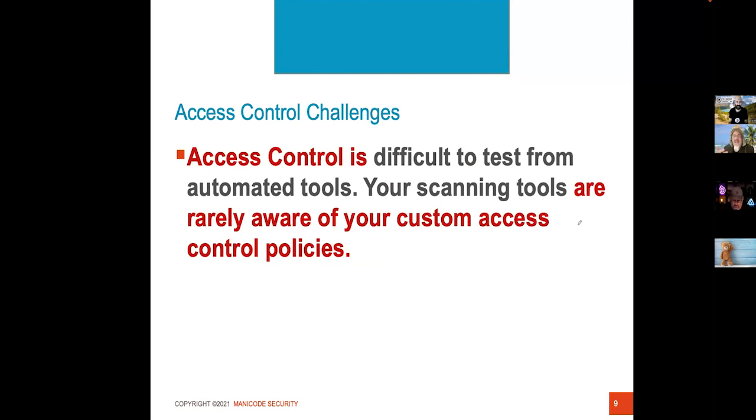It's a business contextual issue. So number one, we can't really use automated turnkey scanning to find it. Now, Burp has some special plugins that you can configure with your access control policy. You can do unit testing. There are specialized scanning tools that you can configure with your policy to scan for access control, but you don't get it out of the box, Mark. And Mark, that's a terrible thing, right?